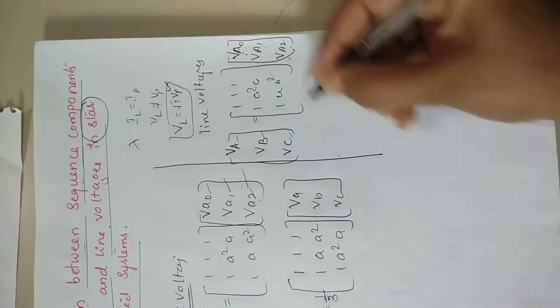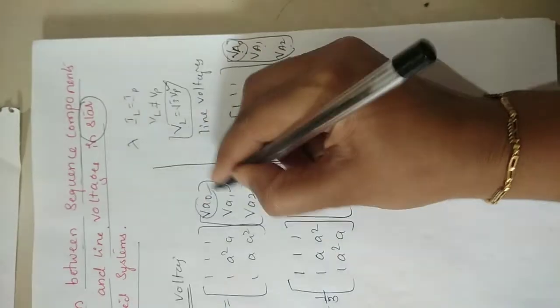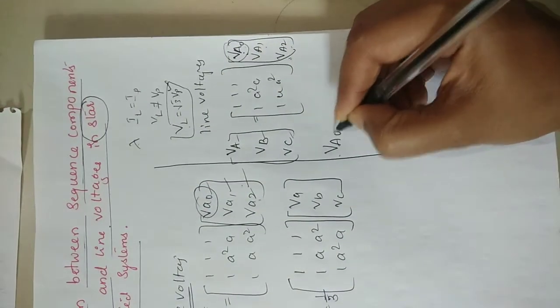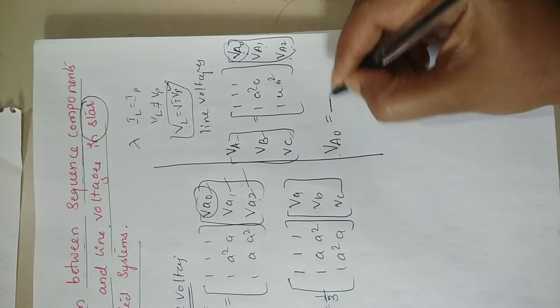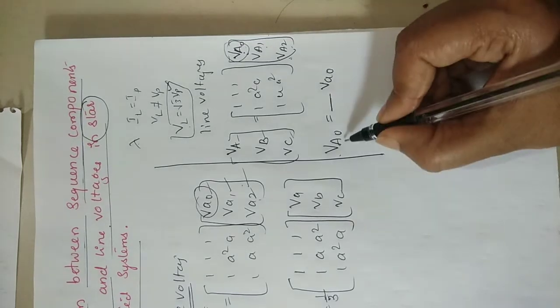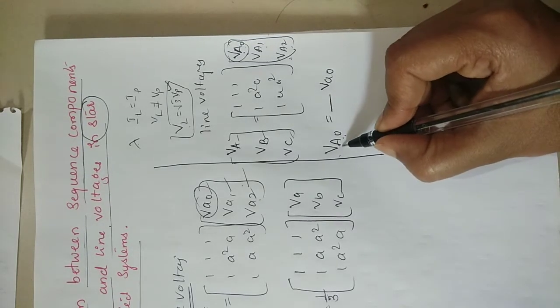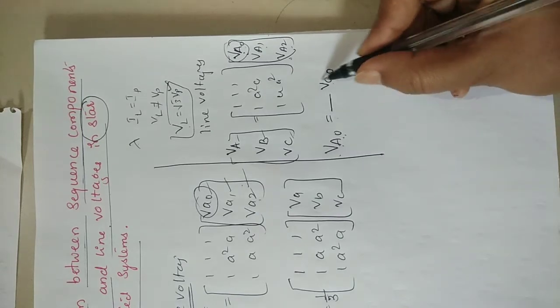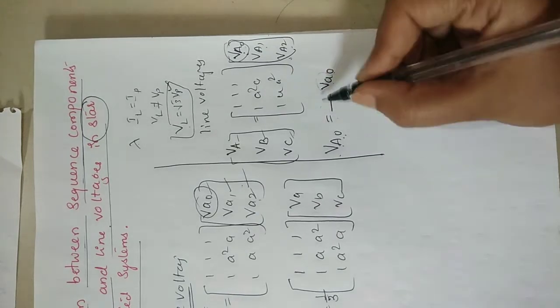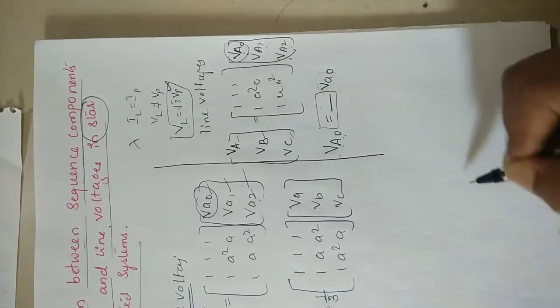Now we need to get the relationship between these two. That is, what is VA0 line in terms of the phase? The zero sequence line voltage equals the zero sequence phase voltage times something; what is the relationship between these two, that we need to get.